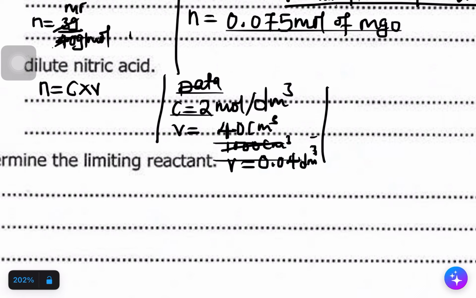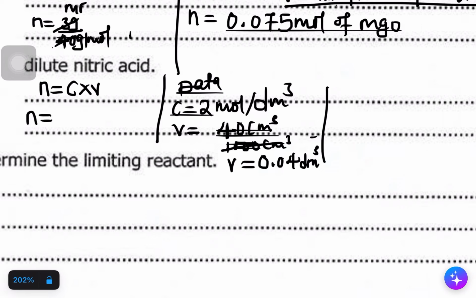Upon having that volume, we can now look at the data, the solutions. So in solutions we can state n will be equal to concentration.